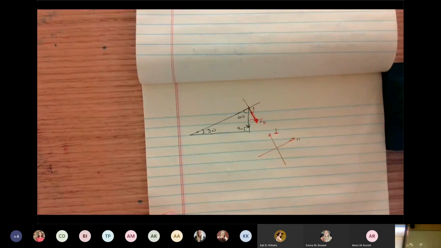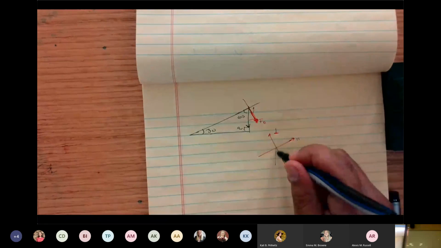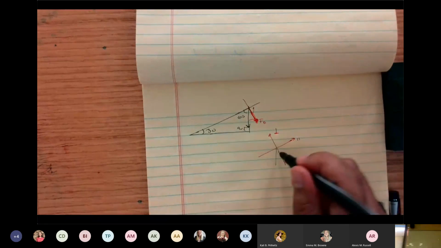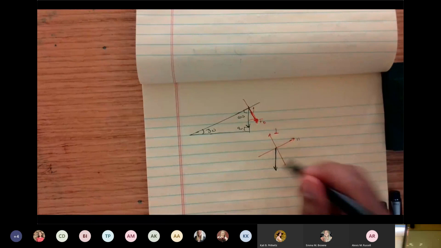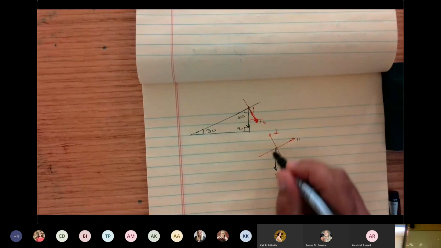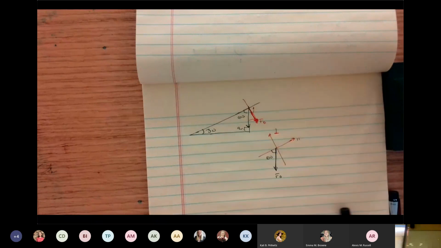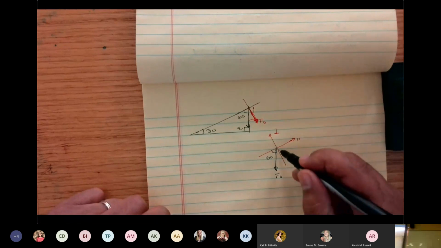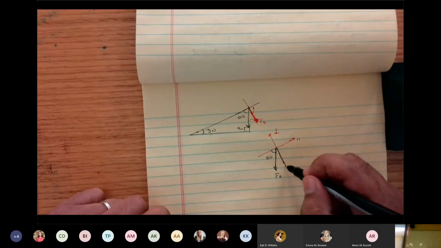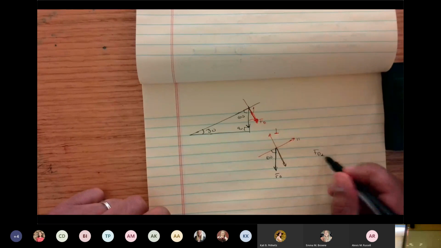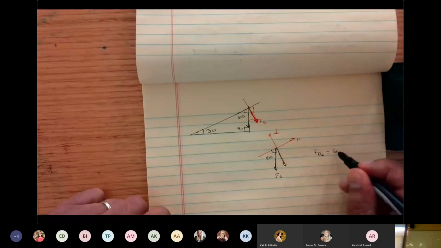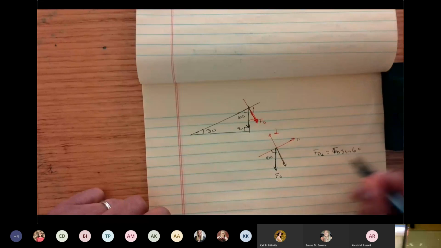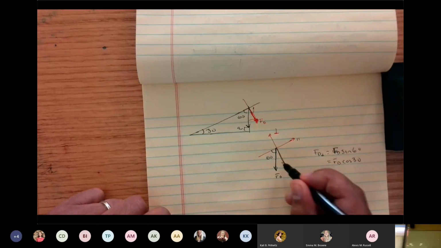And the force that I have is this one, FD. And this is going to be 60 degrees. So if you want the perpendicular component, you have two options. Either you do FD sine of 60, or you can do FD cosine of 30, which is this one over here.